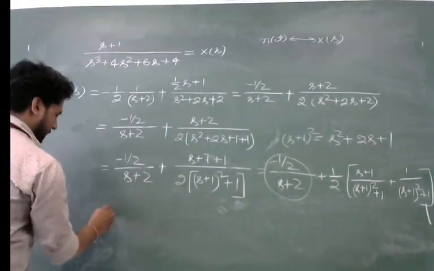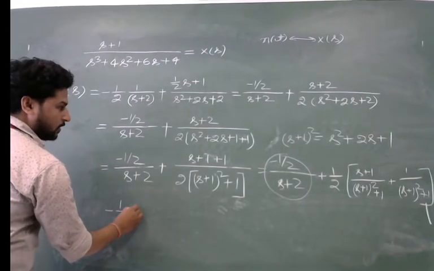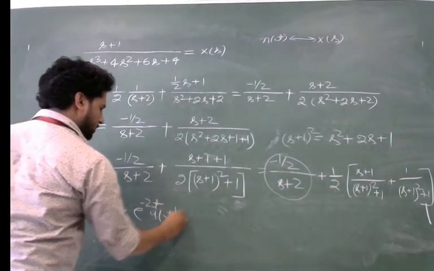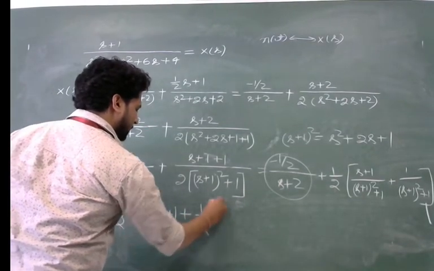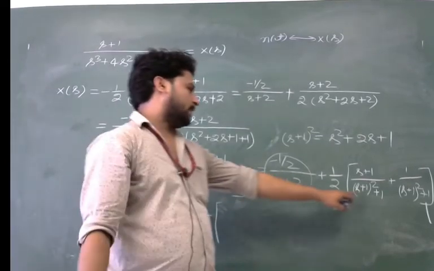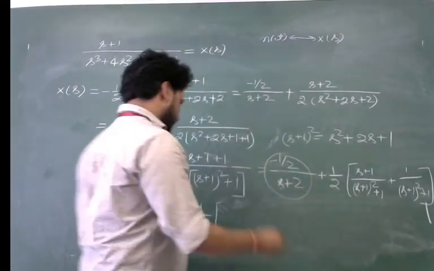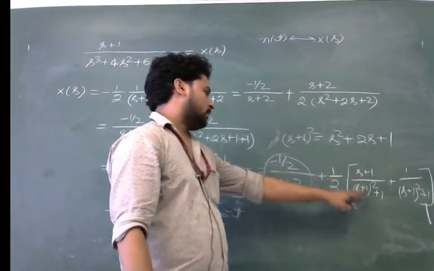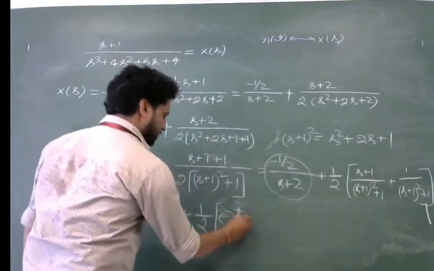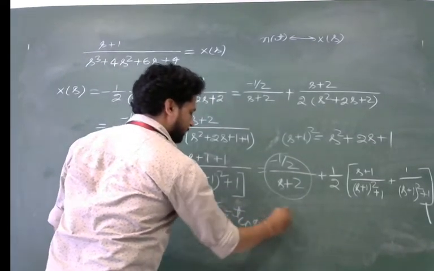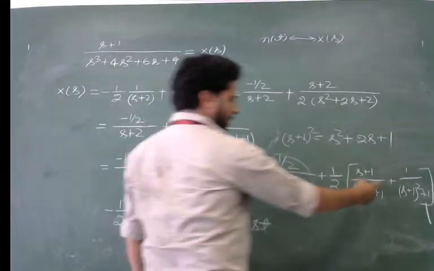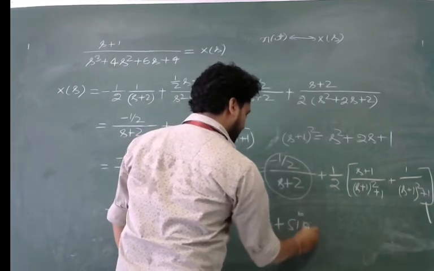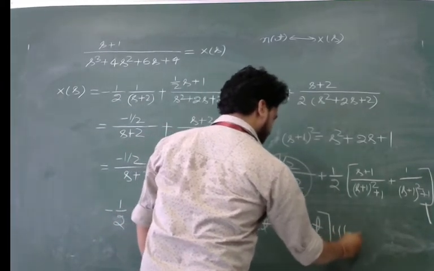This will become minus 1 by 2 e power minus 2t u(t), plus 1 by 2 e power minus t into s upon s square plus 1, meaning cos t, plus 1 upon s square plus 1, meaning sin t, u(t).